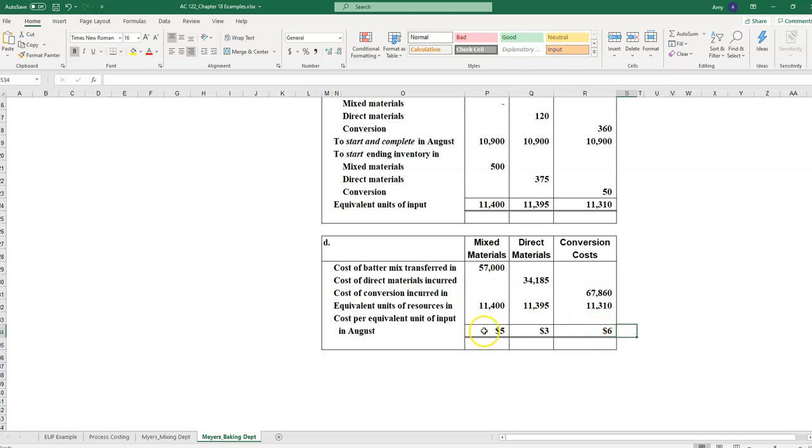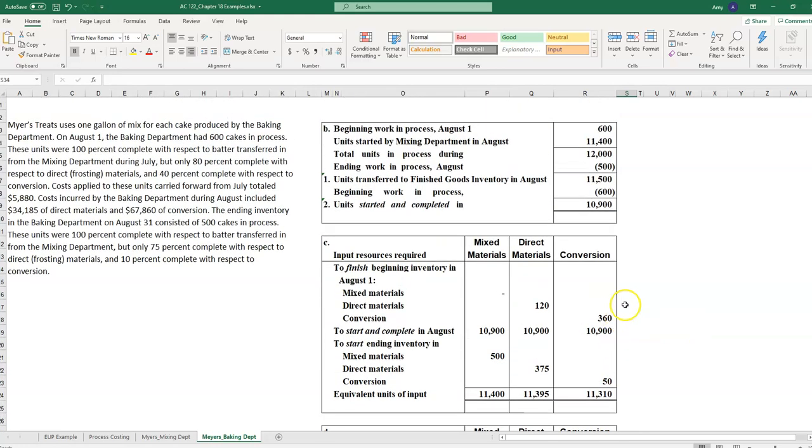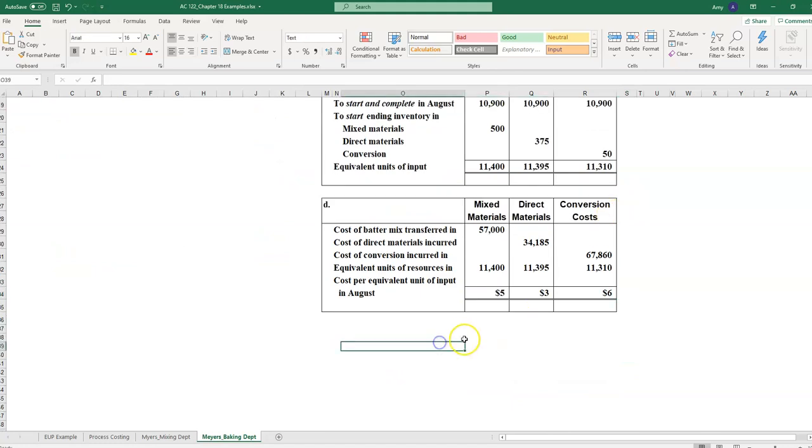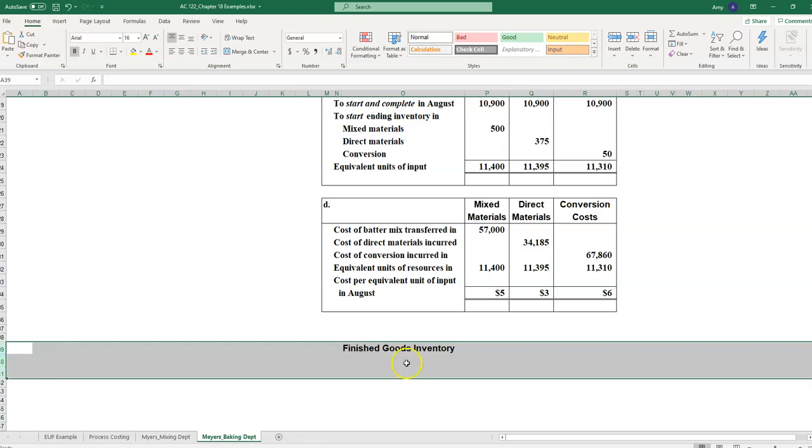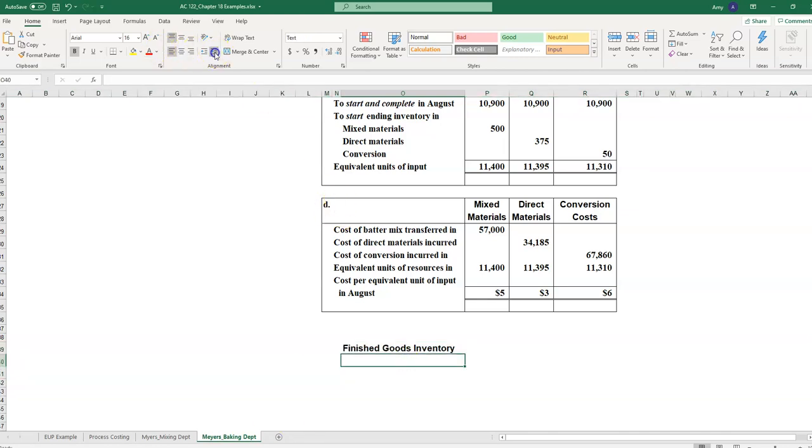Now, if we were also going to record the journal entry for transfer to finished goods inventory, we would debit finished goods inventory and we would credit the baking department work in process inventory.